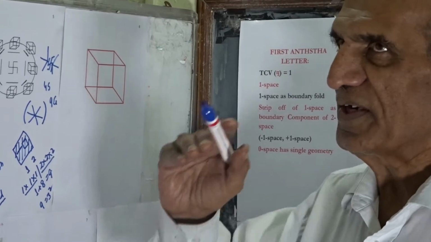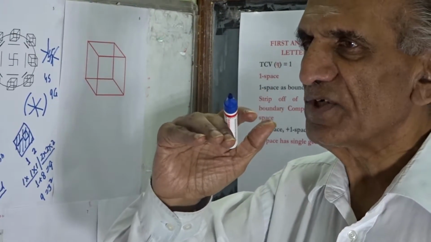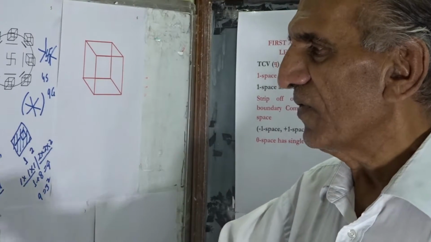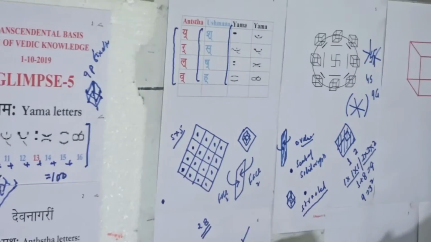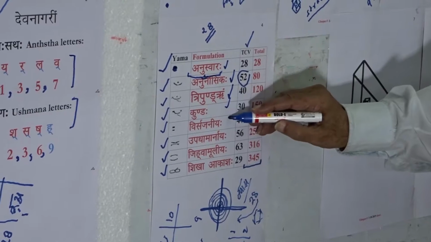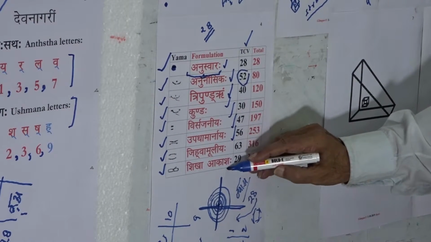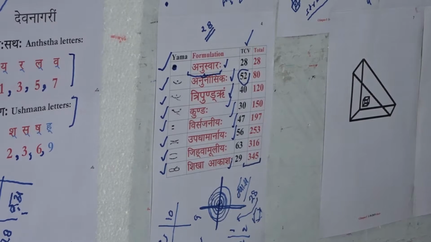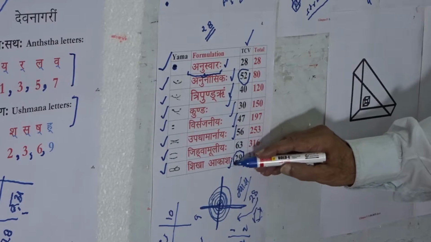Therefore, one shall sit comfortably and very gently, sequentially, step by step, approach from formulation Anuswara to formulation Anunasik, then to Tripundaram, Kund, Visarjaniya, Updamaniya, Jivamulya and Shikha Akash. We see the end reach value is going to be value 29.